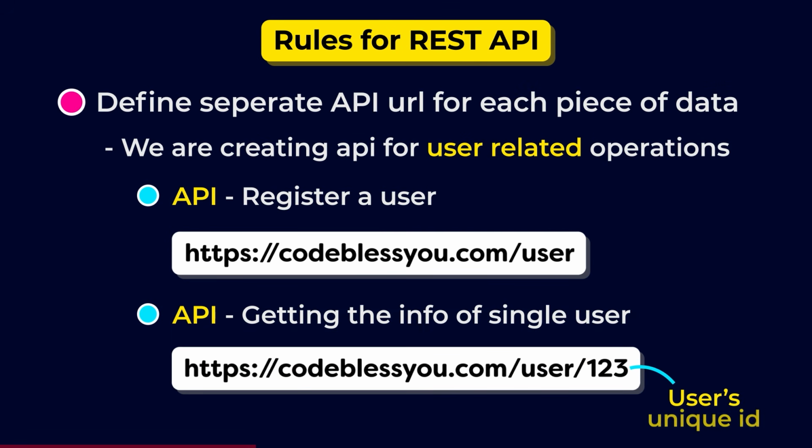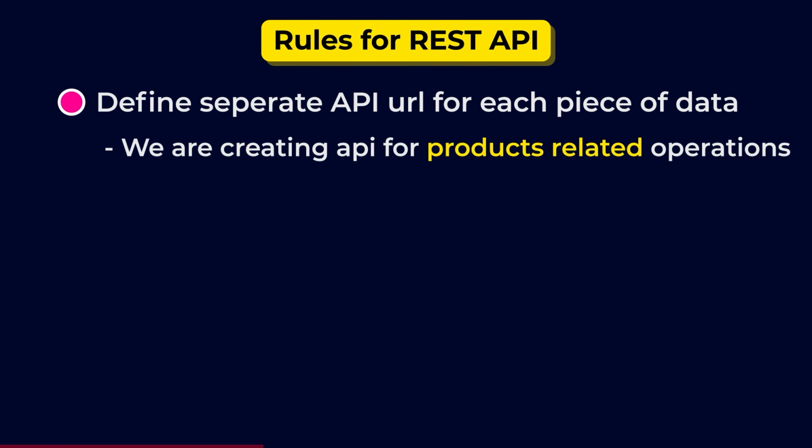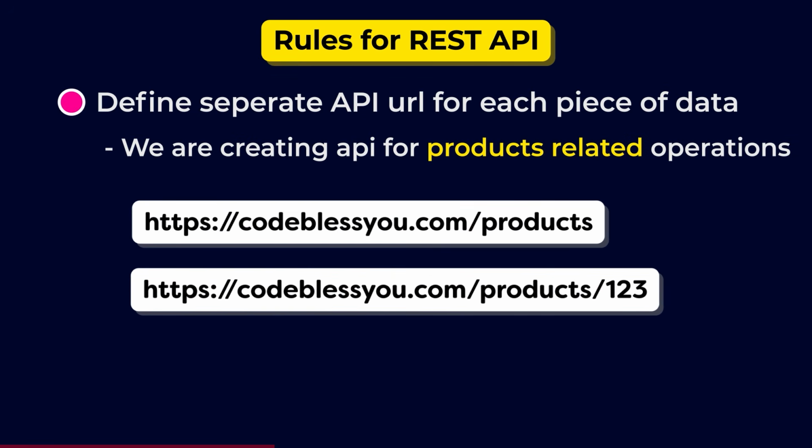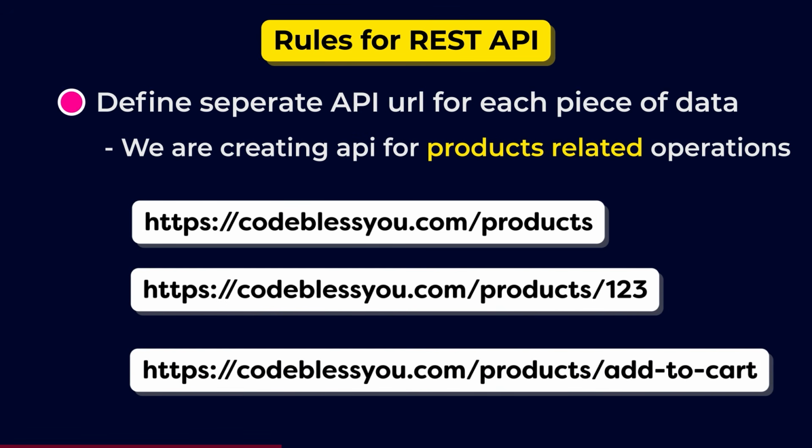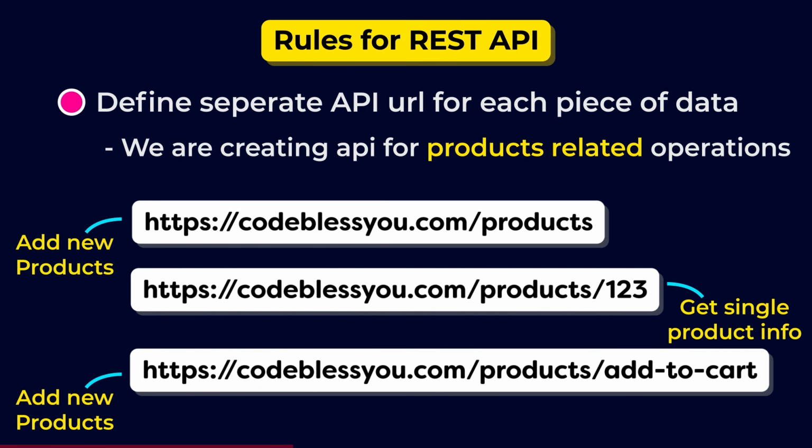Here, 123 is a user's unique ID. Similarly, if we create APIs related to products, then our URLs should be like /products, /products/123, /products/add-to-cart, etc. So by simply looking at these API URLs, we get the basic idea of our APIs, and by that we can easily make changes and our application stays clean.